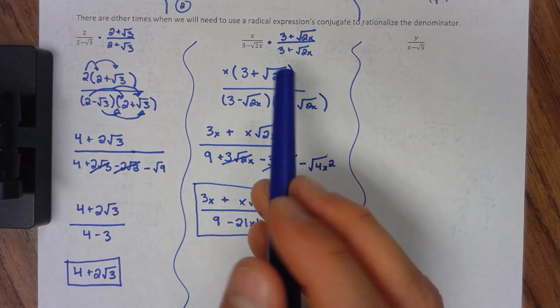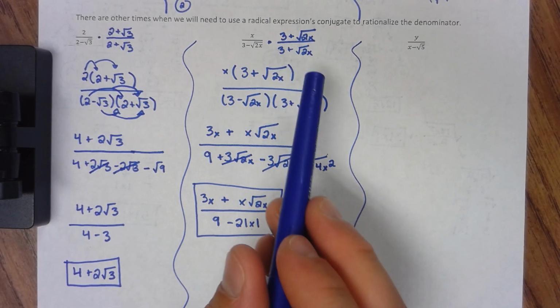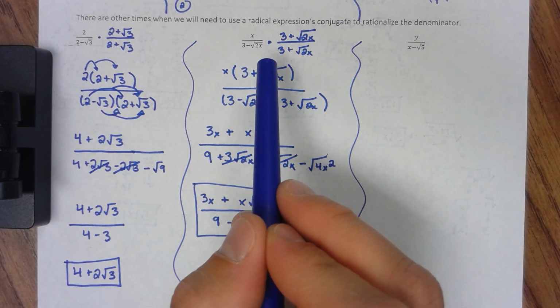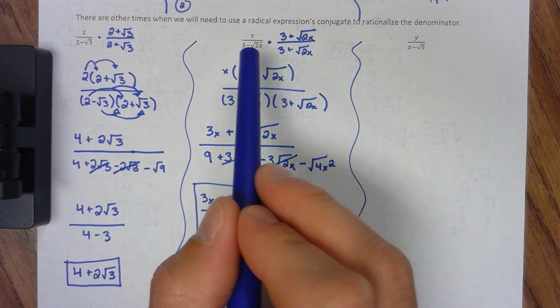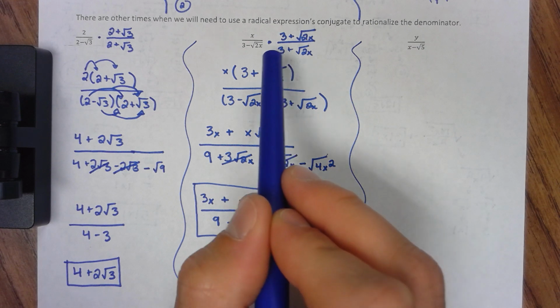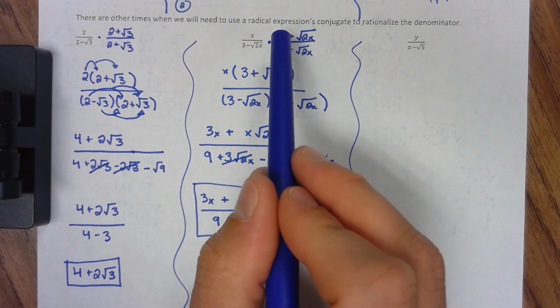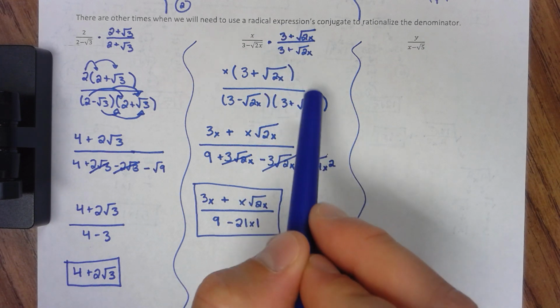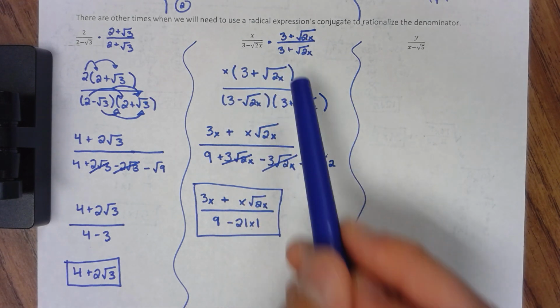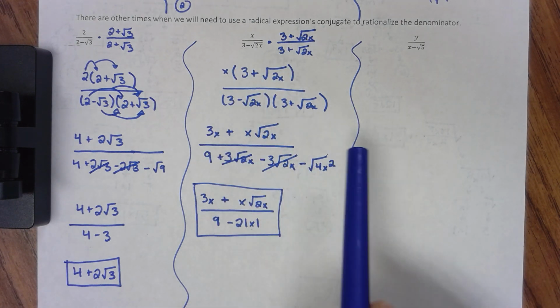All right, last one. We did the same thing here. So multiplied by the conjugate of the denominator. Again, what's telling us that we need to do that is that this is a binomial expression. Binomial meaning 2 terms. So multiply by 3 plus square root of 2x, both in the numerator and denominator. That way we're multiplying by 1. This x will distribute. In the denominator, that FOILs out.